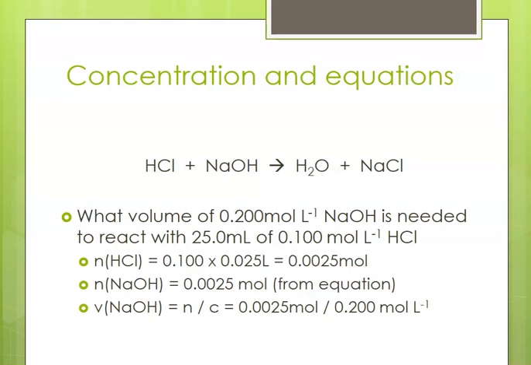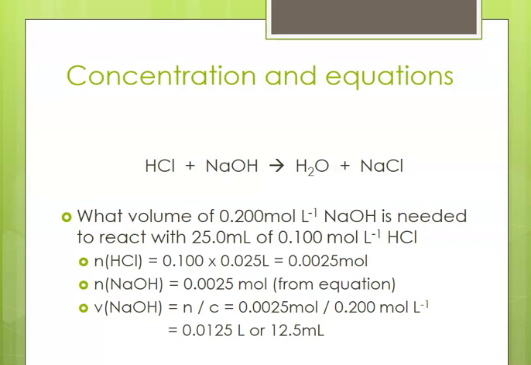So volume equals moles divided by concentration. And therefore, that's the number of moles, 0.0025, the concentration 0.02, and that gives me a volume of 0.0125 litres, which is the same thing as 12.5 mL.